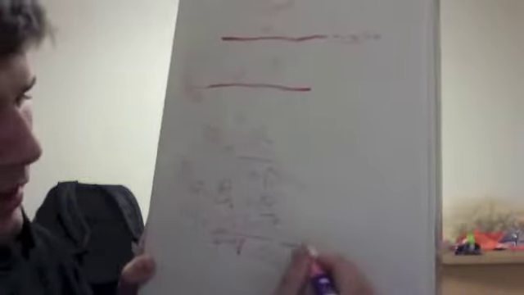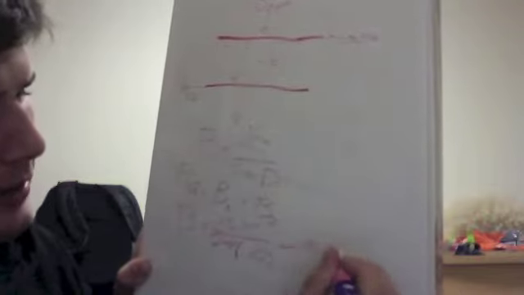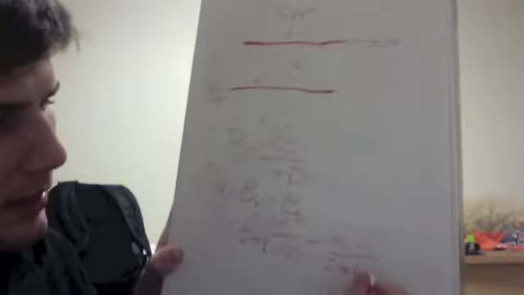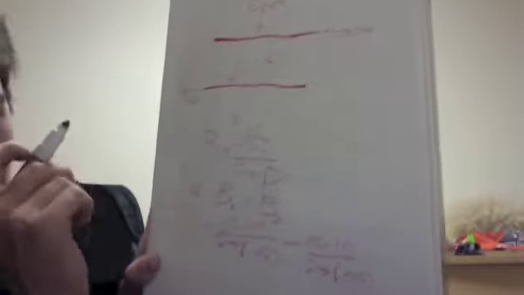And then we're going to subtract from that B2 since they're opposite. So we're going to have mu naught 10 amps over 2 pi, and now we're going to have the 4 centimeters plus the 2 centimeters, so 0.06 meters.